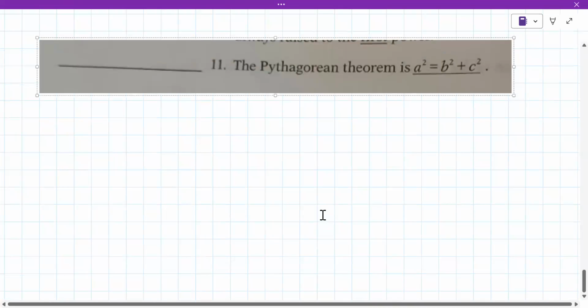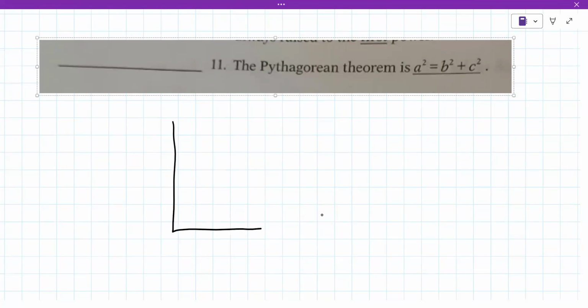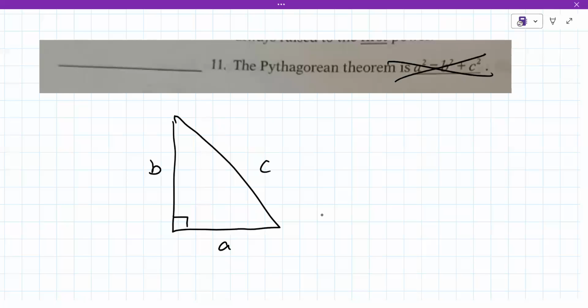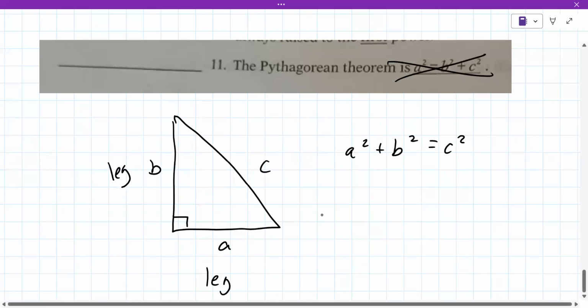All right, so this is completely wrong. I think it's a mistake to show you stuff that's wrong when you're learning. It's better to have the right stuff there. So the Pythagorean theorem says that a squared plus b squared equals c squared. But more importantly, it's a leg and a leg. The legs, just like you and I have legs, come out from our center.